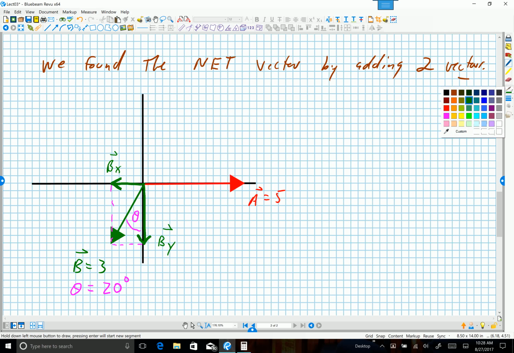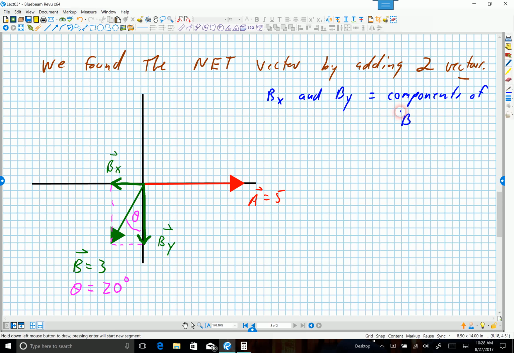We're working off of our previous result. Bx and by equal components of b. Vectors bx and by are components of b.